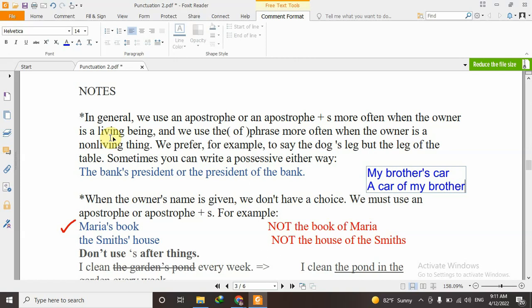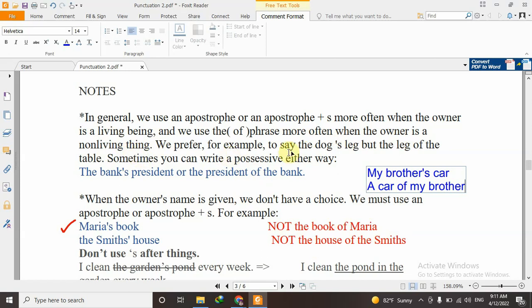And we use the of phrase, for example, the book of Maria, more often when the owner is a non-living thing. Look, thing, not being, non-living thing.